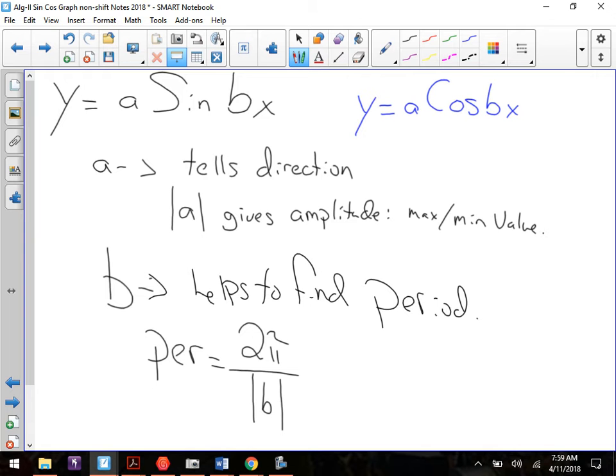So basically you get this stuff. This value of A is going to tell you the direction of the graph. If A is positive for sine, you go up first. If A is negative, you go down first. That's the idea of saying which direction. Yeah, that makes sense. Okay. So A stands for amplitude. It tells direction.